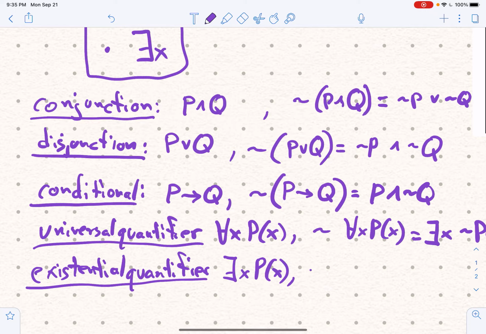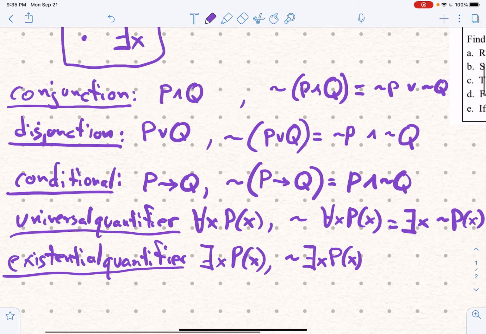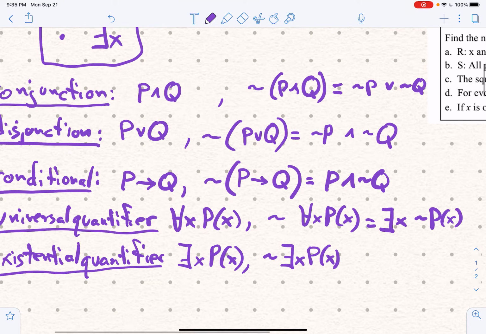So what happens if it's not the case that there's an x such that P of x? Well, if it's not the case that you can go and find an x such that P of x holds, it must be true that for every x, P of x fails. That's the only way that you could not find an x where it works.